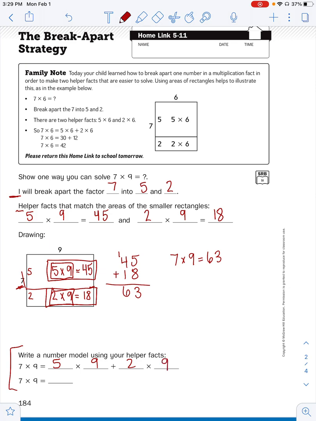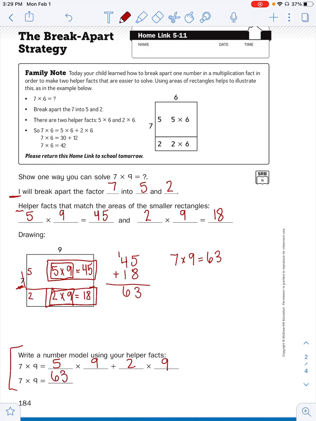The reason that it says plus in between is because remember we went and added the answers to those two multiplication sentences, 5 times 9 and 2 times 9. So that's where that plus comes from right here, because you add them afterwards. Okay, and so our answer to 7 times 9, what we were trying to find the whole time, was 63.